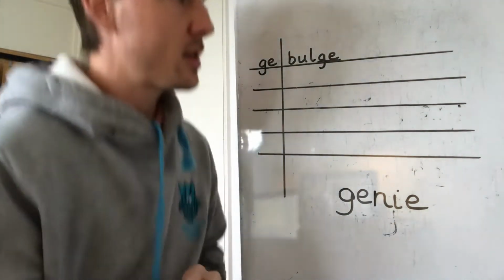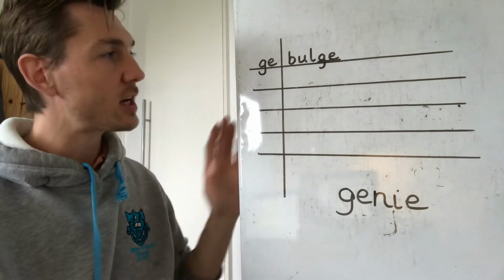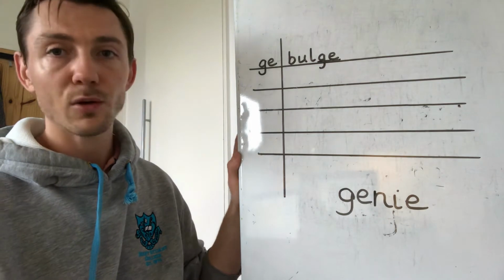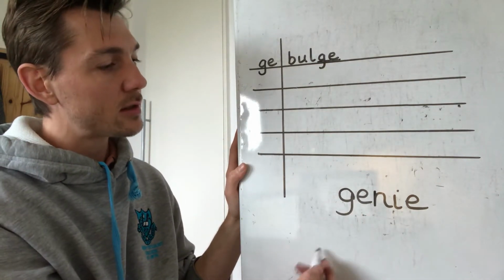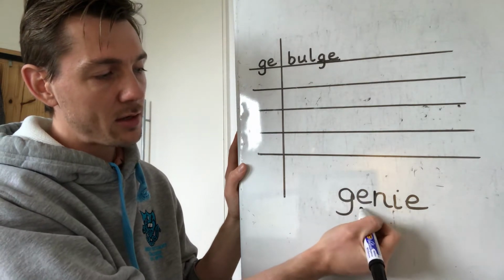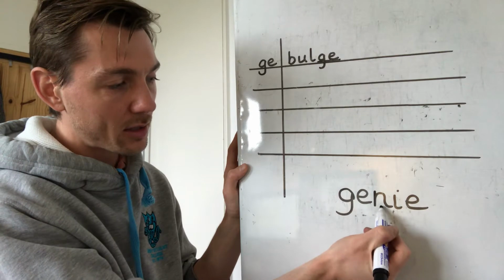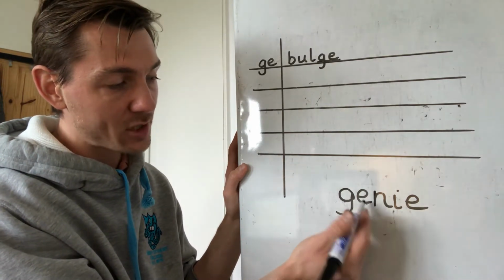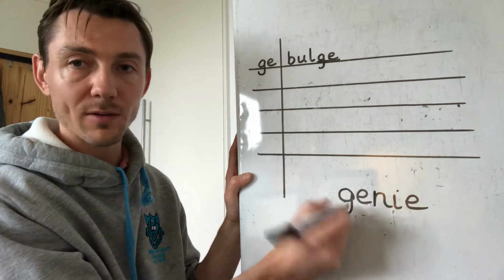Genie, good. So over to you, I want you to decide whether you need a new section for the word genie or whether it's the same section. What letter or letters are being used to spell the j sound in genie? There is a G and an E together, but listen carefully. J, E, N, E. Actually, although G and E are together, it's two different sounds this time, isn't it?